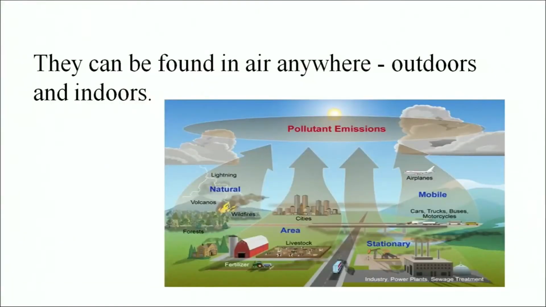We have learnt earlier about air pollutants and we know that they can be found in air anywhere, outdoor or indoor. As you are aware of the term criteria air pollutant, learners, well, it is a term used to describe air pollutants that have been regulated and are used as indicators of air quality.